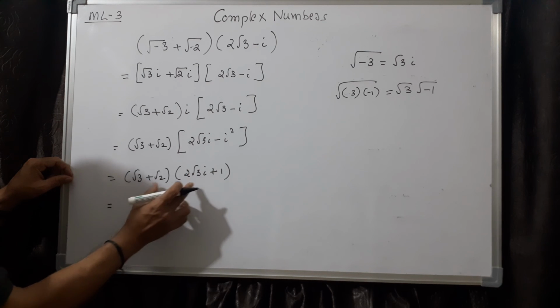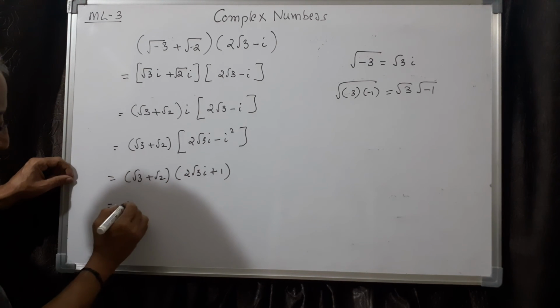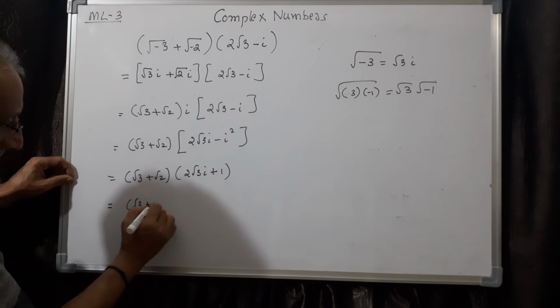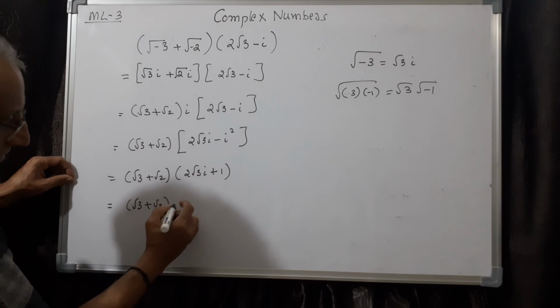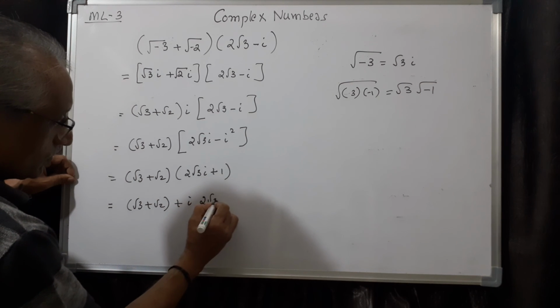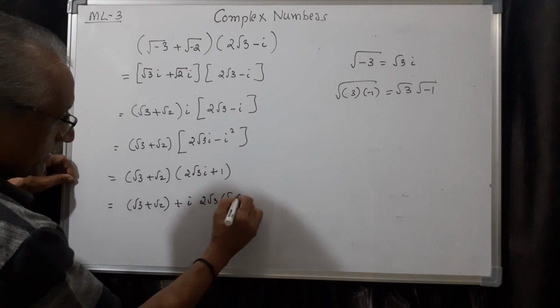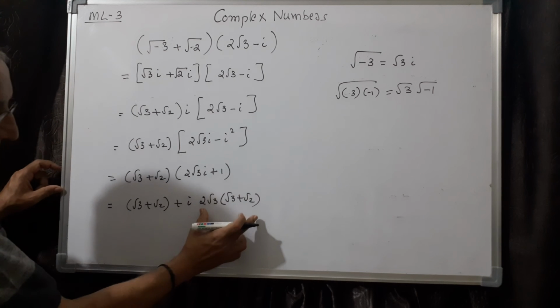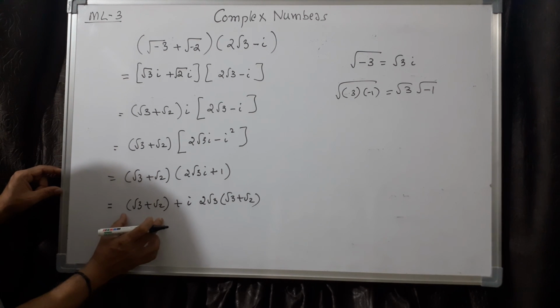If you want to write it in a plus ib, the real part will be root 3 plus root 2 into 1, plus i times 2 root 3 into root 3 plus root 2. So this is the imaginary part, this is the real part.